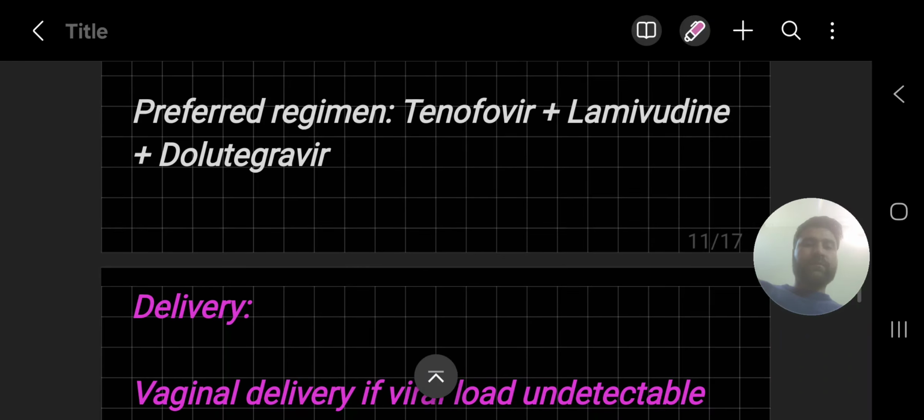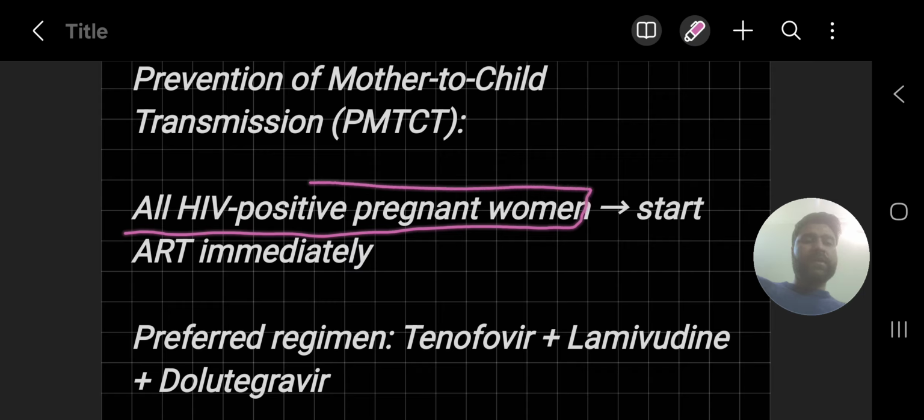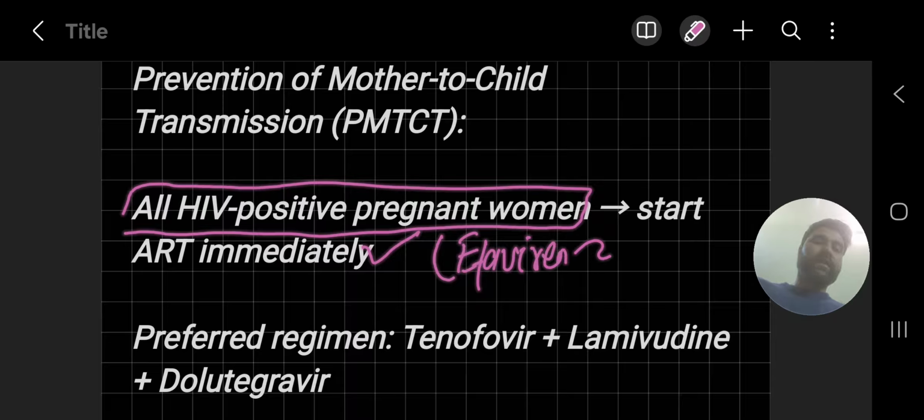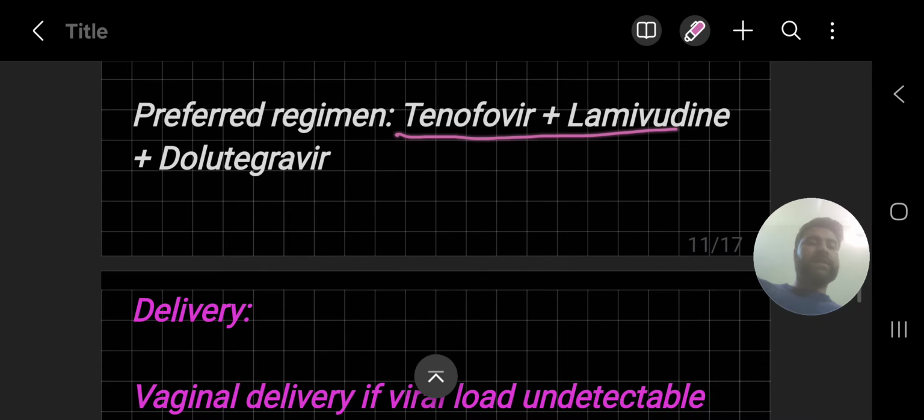For all HIV pregnant women, you should start ART immediately. Efavirenz is a drug that is contraindicated. The preferred regimen is tenofovir plus lamivudine plus dolutegravir.